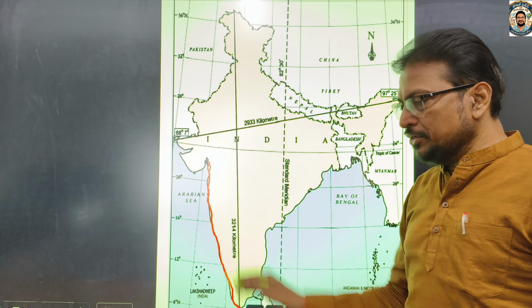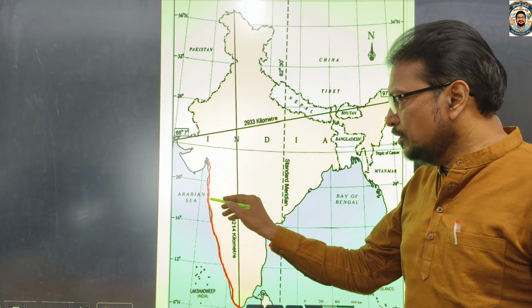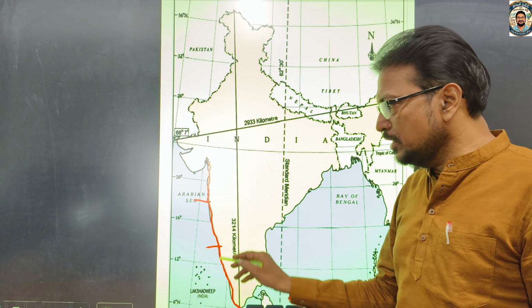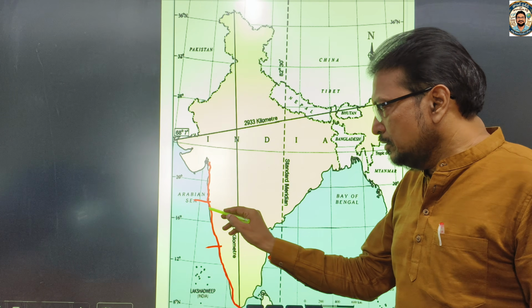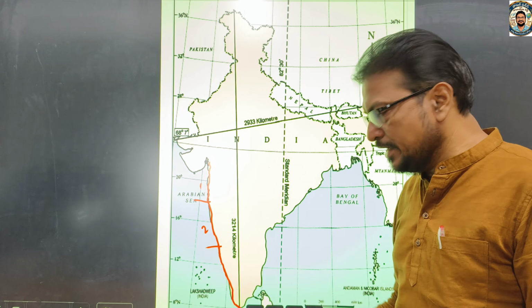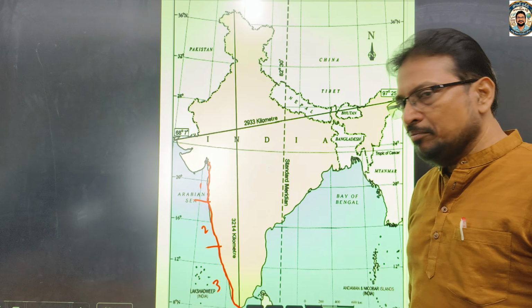For India, the west coast has three parts. The first part is the Konkan coast. The second part is called the Kanara coast, and the last part, near Kerala, is Malabar.